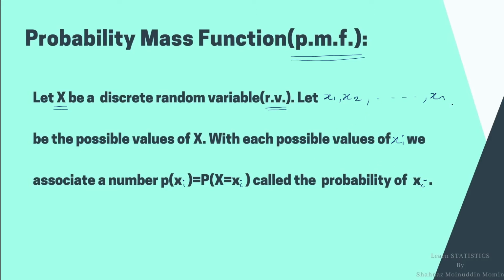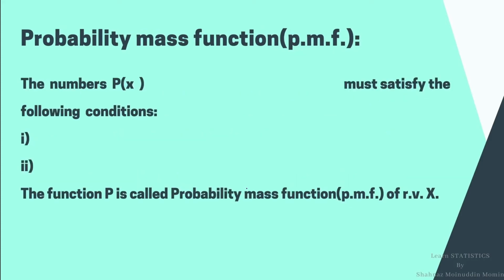It means for each value we assign a number p of xi, which is nothing but its probability. The numbers we have associated, p of xi for i equal to 1, 2, 3 up to n, must satisfy the following conditions.